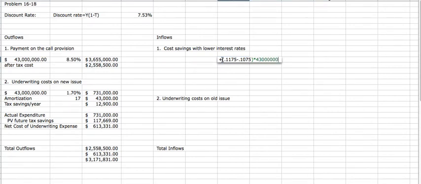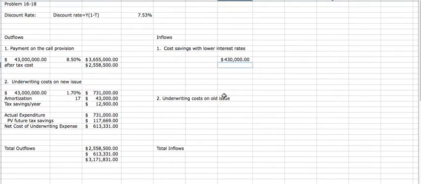Now what that will do is calculate for us our annual savings in interest, and that comes out to be $43,000. Okay, so that's annual.